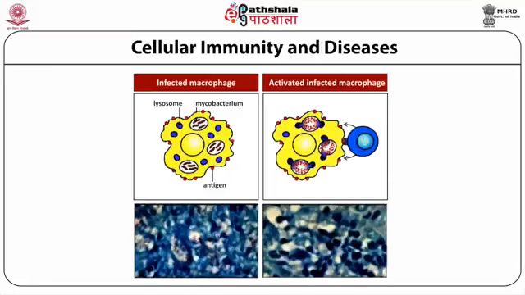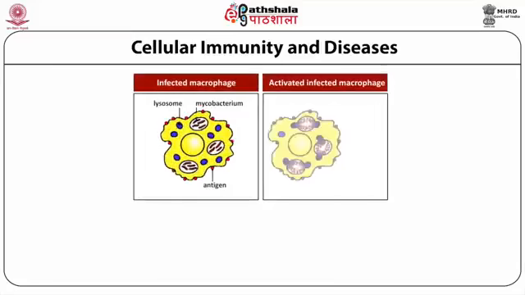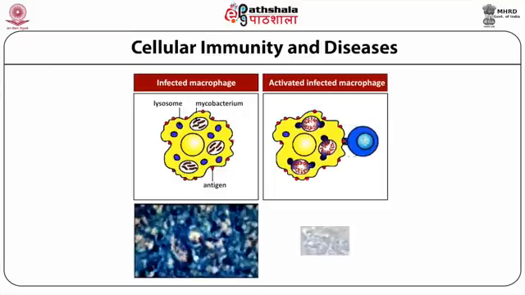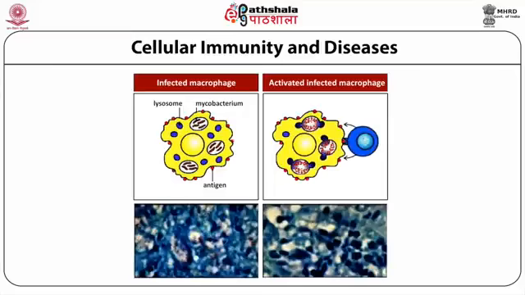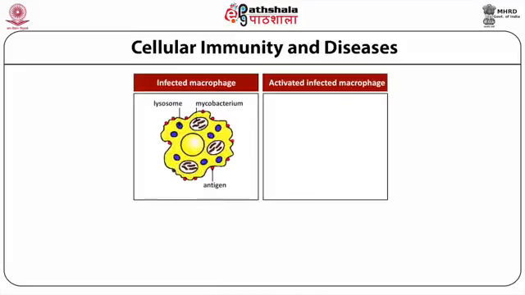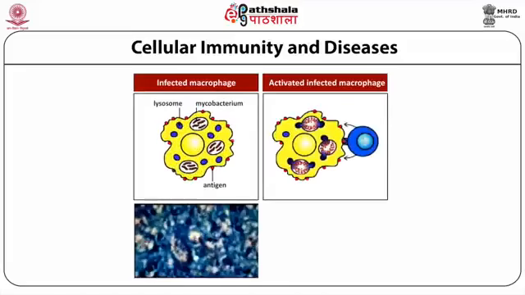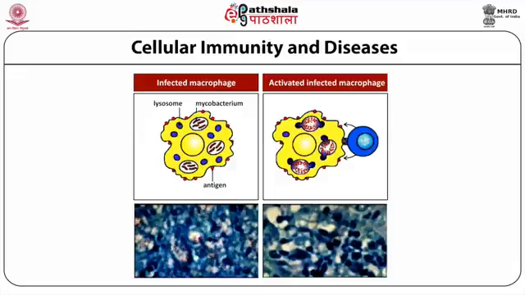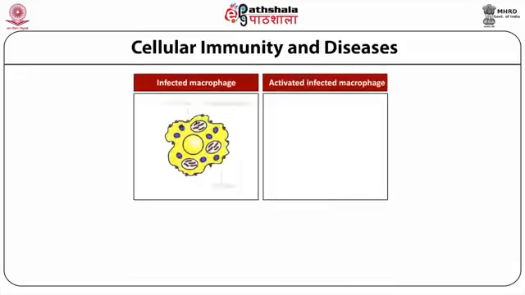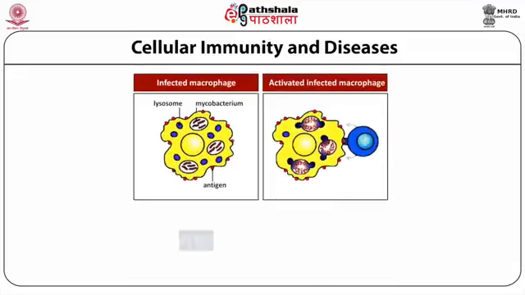Mycobacterium tuberculosis and M. leprae grow inside the membrane-bound vesicles of macrophages. These organisms are responsible for causing tuberculosis and leprosy respectively. The vesicles containing these bacteria do not fuse with the lysosome of the macrophages.